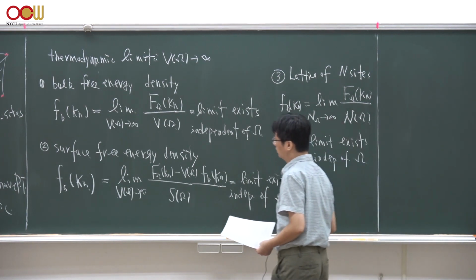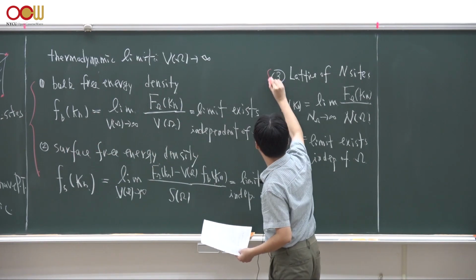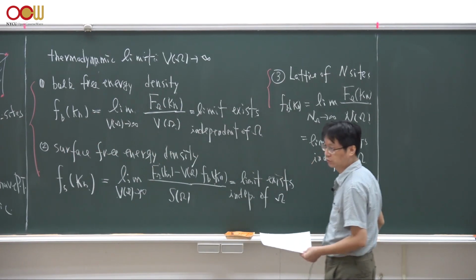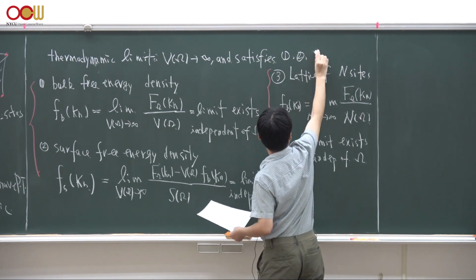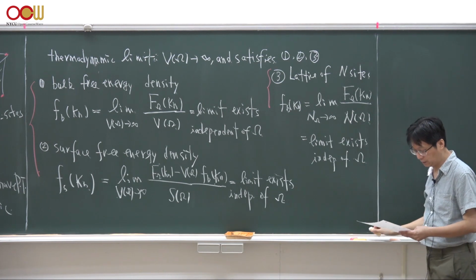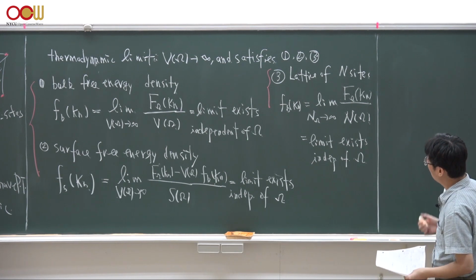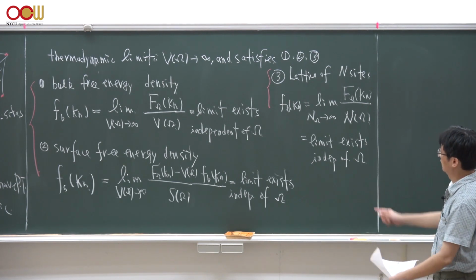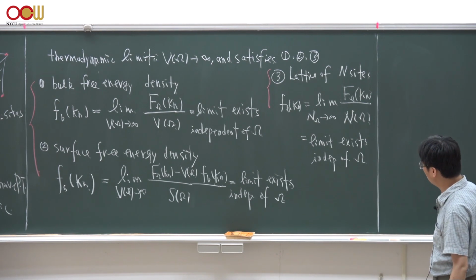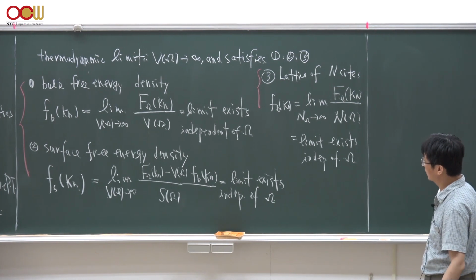In other words, the thermodynamic limit is that when we take the volume to infinity, we should satisfy these three conditions, 1, 2, and 3. Okay, so that's the complete statement of the thermodynamic limit. In other words, this is a highly non-trivial statement that we have a thermodynamic limit, because you don't really know whether this ratio of capital F to this volume or to the surface area, that limit exists.